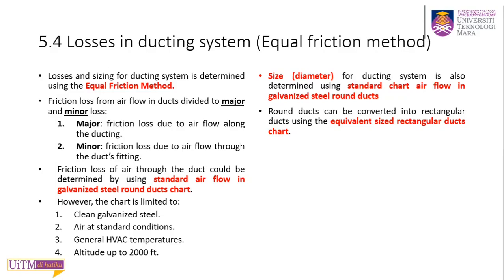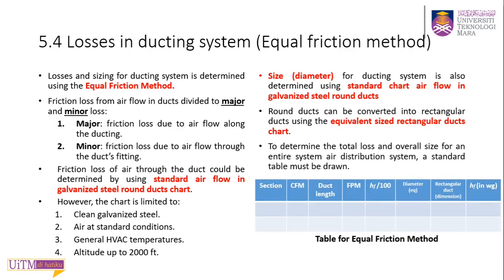To determine the frictional or pressure loss for an air distribution system using the equal friction method, we must draw a table with the following items. Section here refers to the part of the ducting system. CFM is the volume flow rate of air. Duct length is the length of the section.